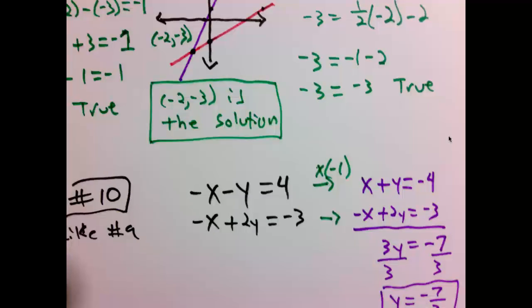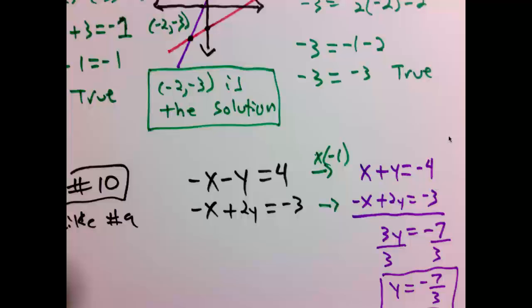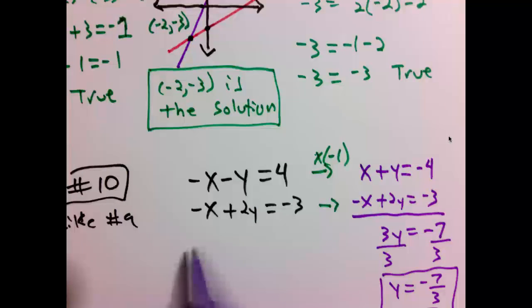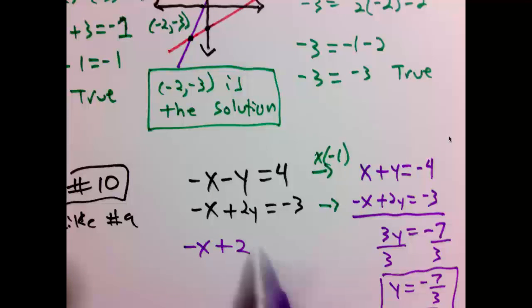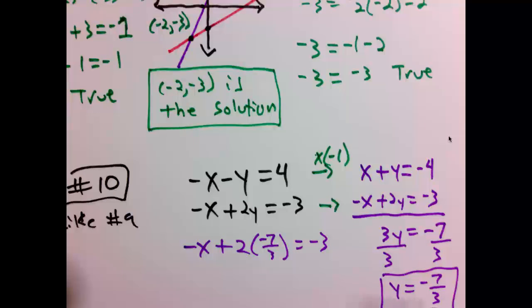Alright, we will now take this fact that y is negative 7 over 3 and substitute it in either equation. I'm going to go into this bottom one. So I have negative x plus 2 times negative 7/3 equals negative 3. I've substituted this value into the bottom one. Negative x, 2 times negative 7 will be a minus 14 over 3, is equal to negative 3.